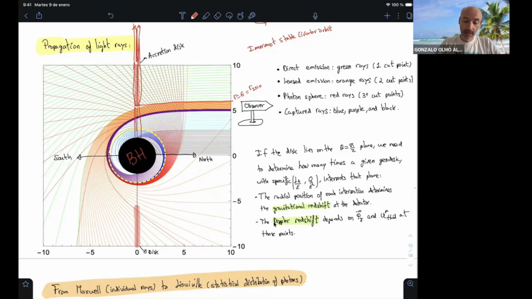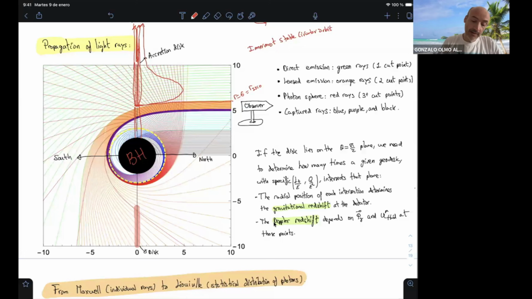Obviously the distribution of matter needs not be homogeneous over the disk. There will be some higher density closer to the black hole where gravity is more intense. So we could represent here the intensity profile, saying that the intensity is maximum here and then decays.